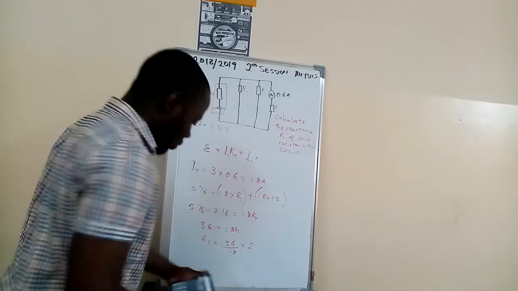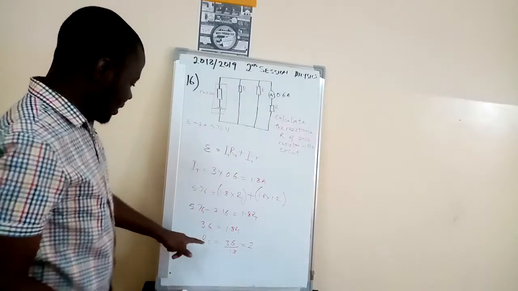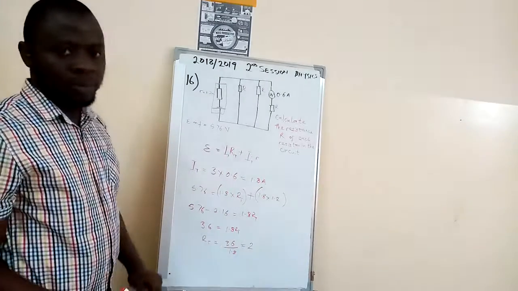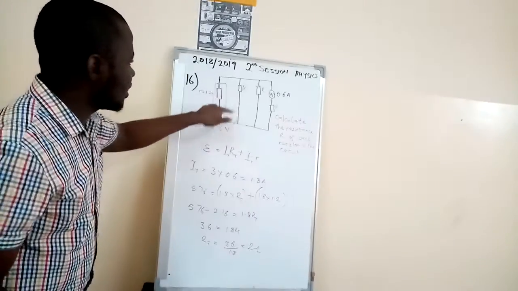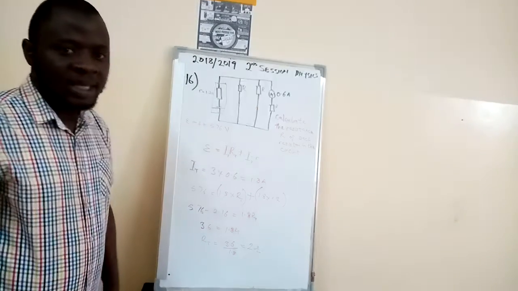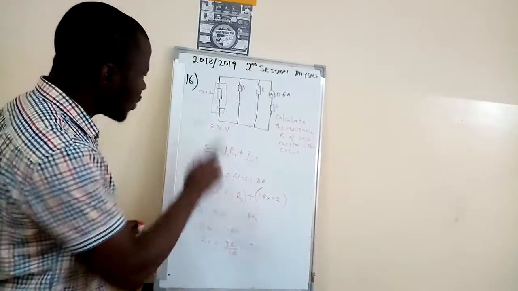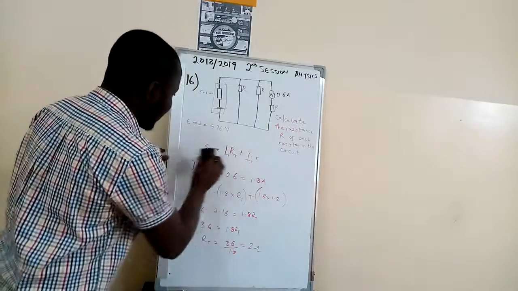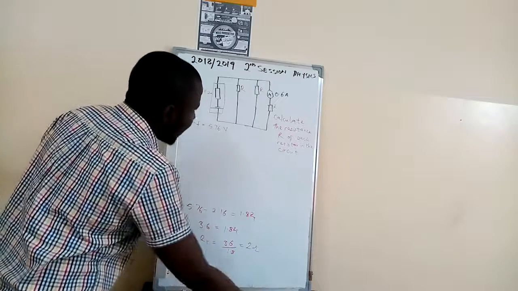Good. Now, look at this. The total resistance of these 3 is 2 ohm. How do I get each resistance in the circuit? I know that all of them together is 2 ohm. So how do I get each of them? I can remove this now, so I can easily calculate that up here.